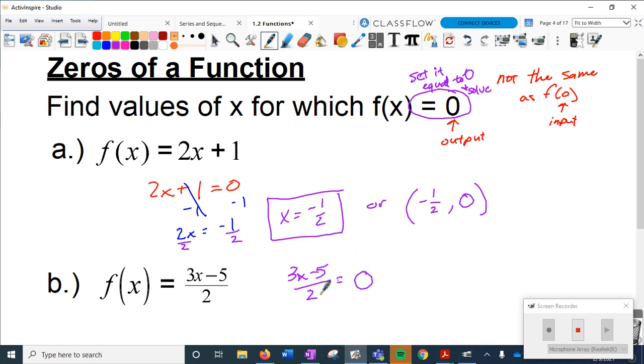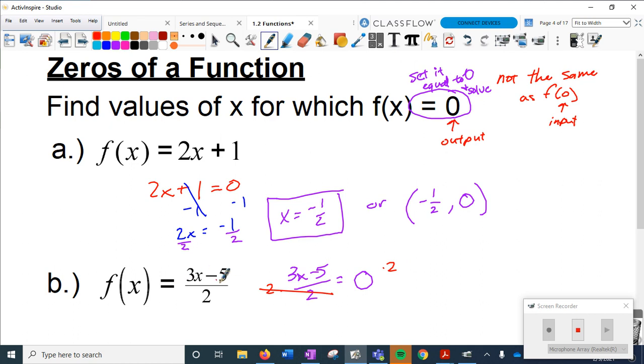Now we have to talk about some solving issues with this. Again, we're trying to get to x, which means we're going to undo everything. The first thing I'm going to undo is this dividing by 2, because the dividing by 2 is happening to all of this. I can't get to the -5 yet, and I can't get to the times 3 yet. Here's the nice part: 0 times 2 is still 0.